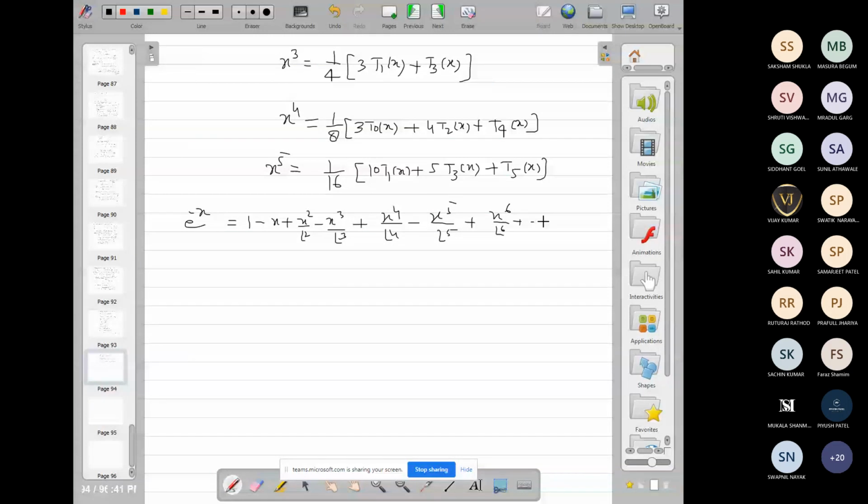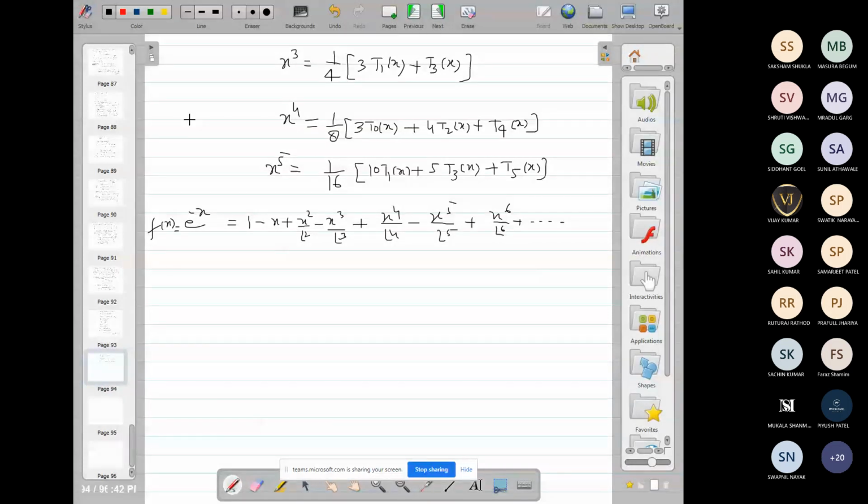This is the Taylor series expansion of the function e to power minus x. Suppose for any x, we want to calculate the value of this function. This is f(x).